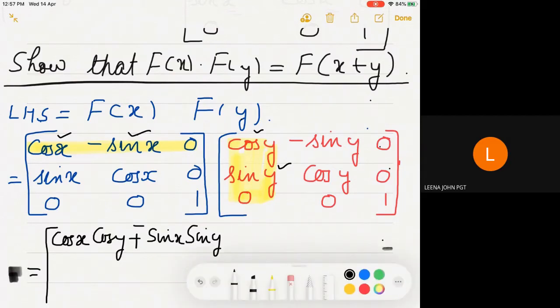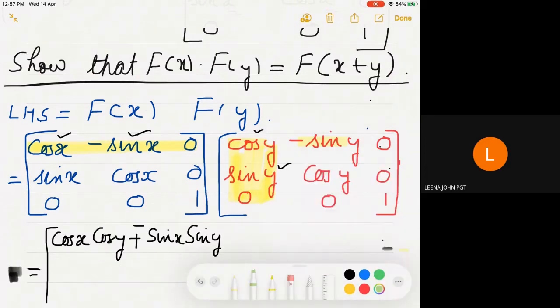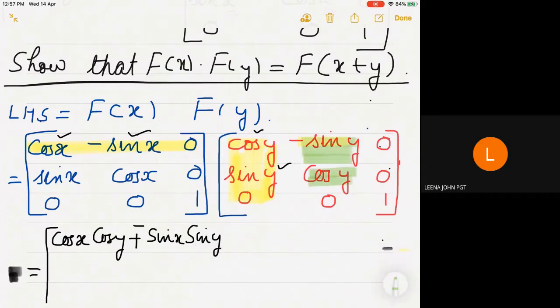Again, you will take first row and combine with the second column. The first row to be multiplied with the second column. This is your second column. So while you multiply it, the corresponding elements you have to multiply and add it up. That is cos x into minus sin y. So multiplication, I am writing it as minus cos x sin y.